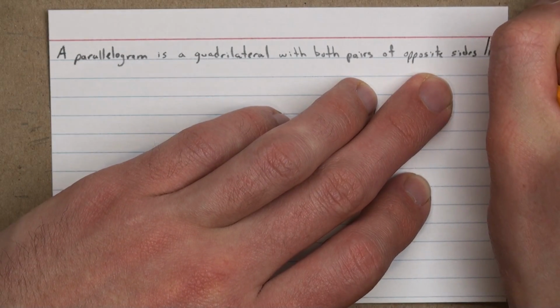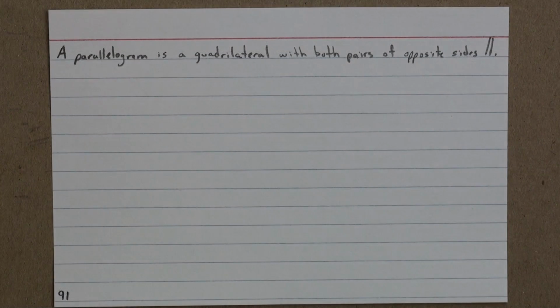Draw my little symbol for parallel. Okay? Let's see what else we want to put for this. Alright, so before we go into the theorems, let's put the other properties.